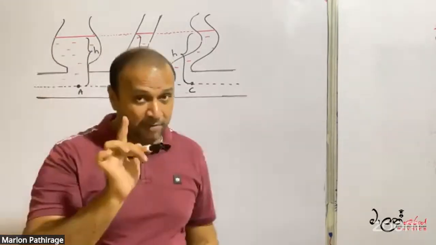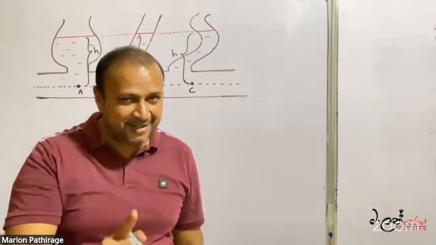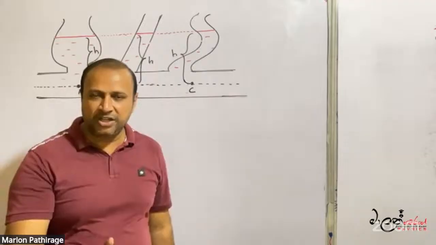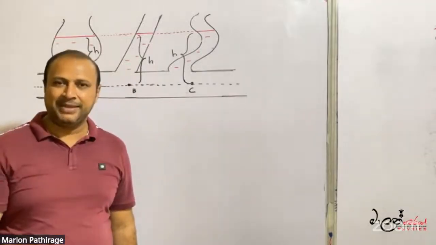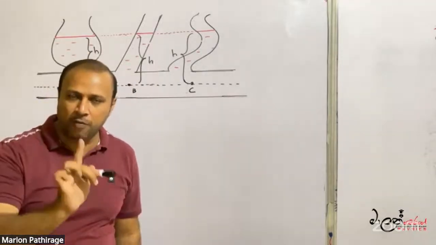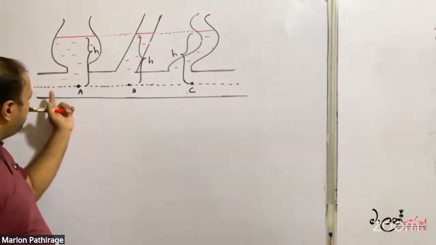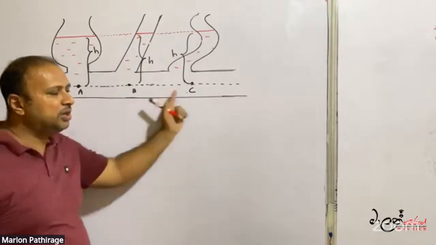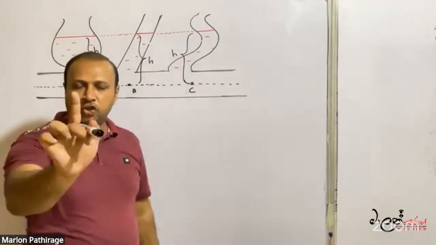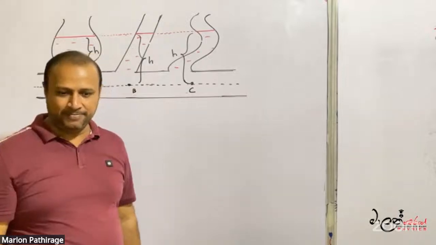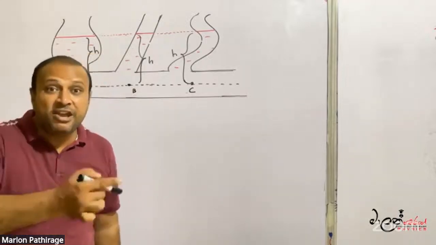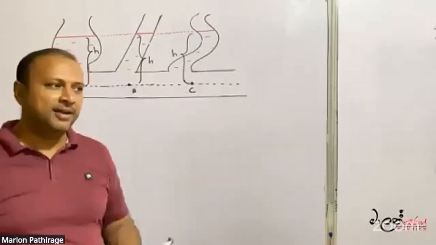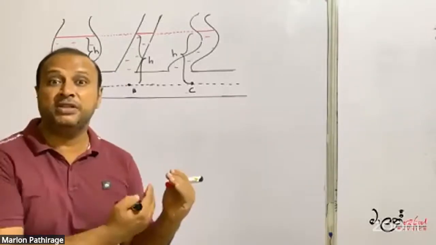And remember, this should be a stationary liquid. So in a stationary homogeneous liquid, pressure on the same horizontal line should be equal, because if it is a homogeneous liquid, there should not be any pressure changes.